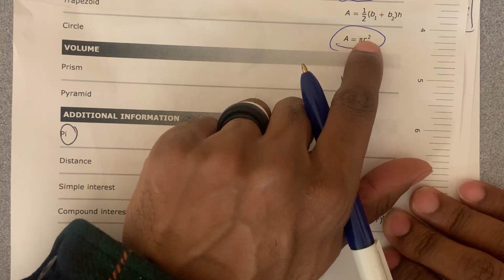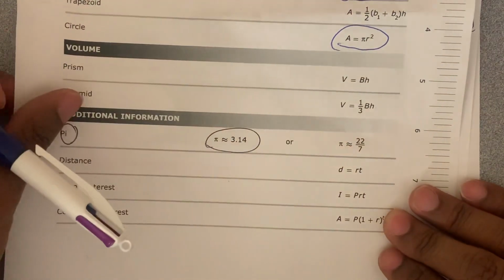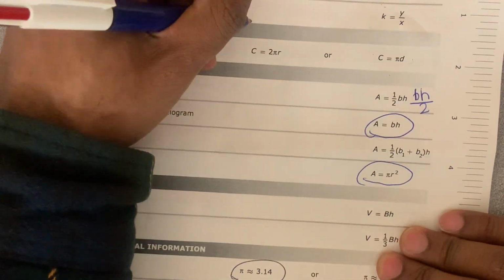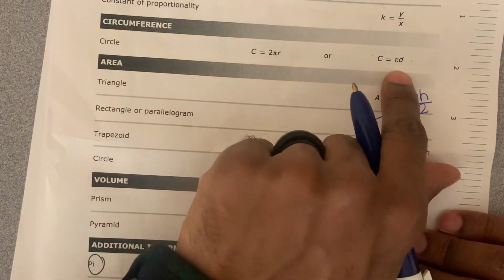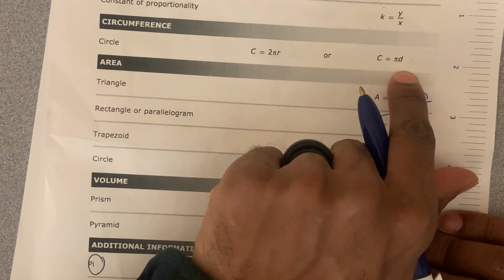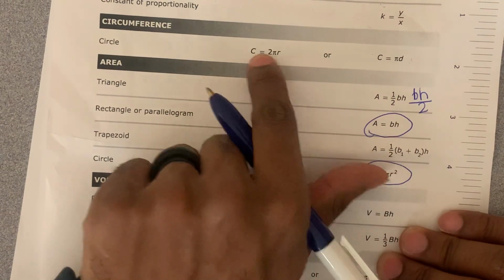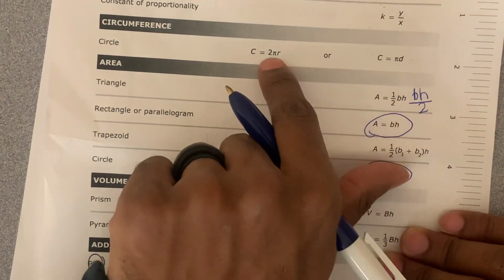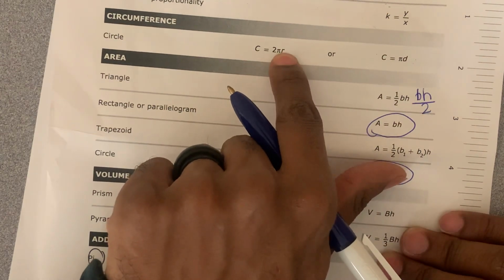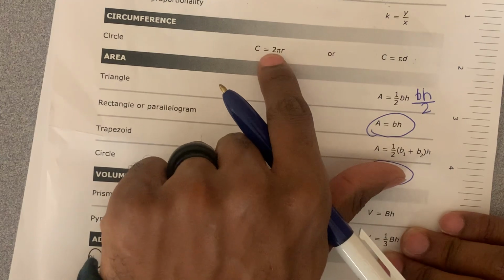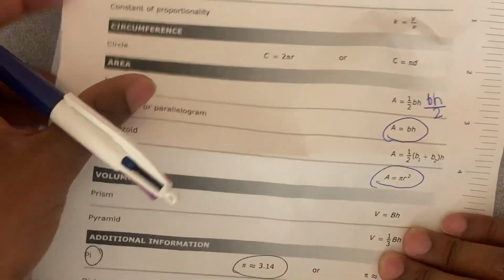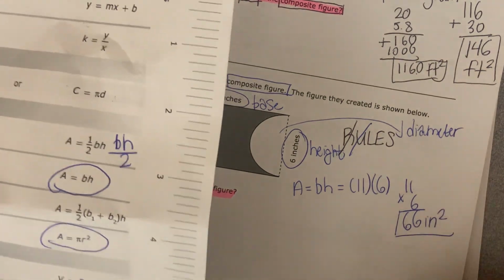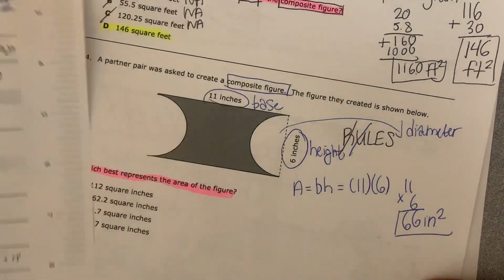Now, if you look at the circumference, the circumference is telling us that pi times diameter is the same thing as the radius multiplied by 2, or 2 pi r. So if we know that the diameter is the radius times 2, how can we find the radius?